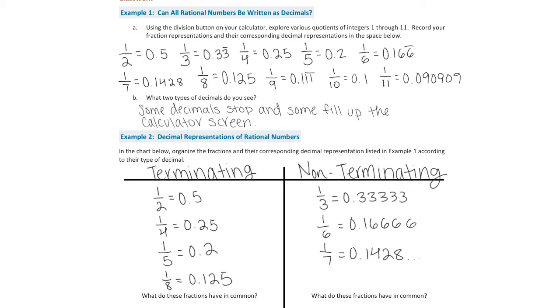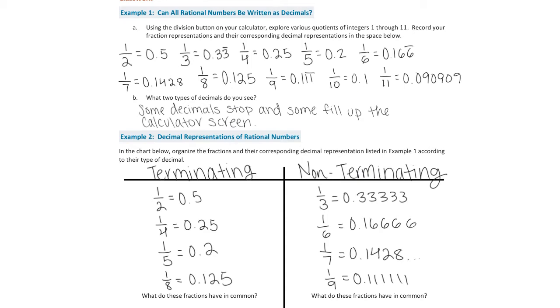For 1/9 equals 0.1 repeating. Because it repeats, that means it does not end, and so it is non-terminating. 1/9 equals 0.111111 and so on. Now, let's look at 1/10. 1/10 equals 0.1.